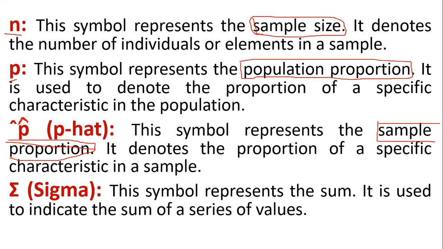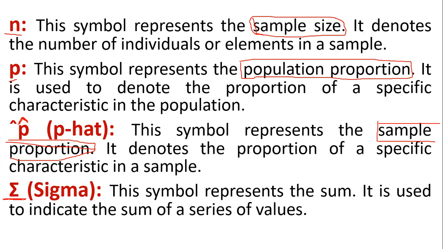Then we have sigma. The final one I'm going to consider is sigma. This symbol represents the sum. When you see this symbol, it simply means that you have the sum of the items represented.